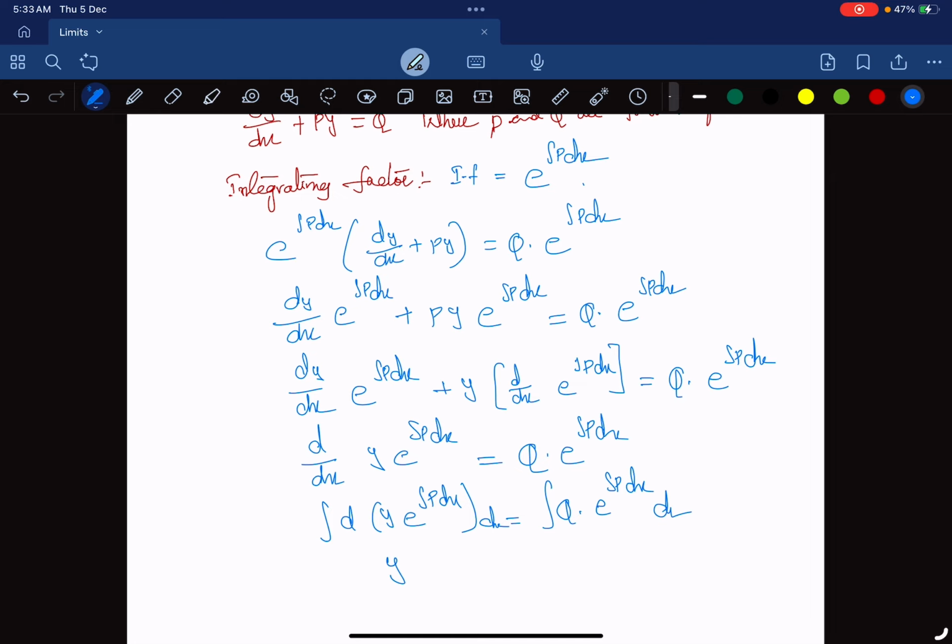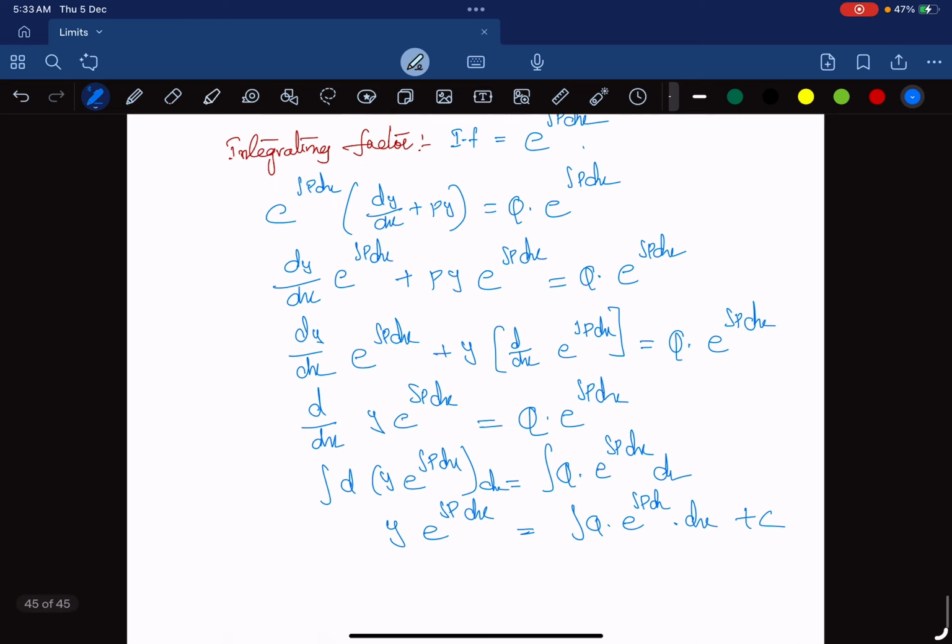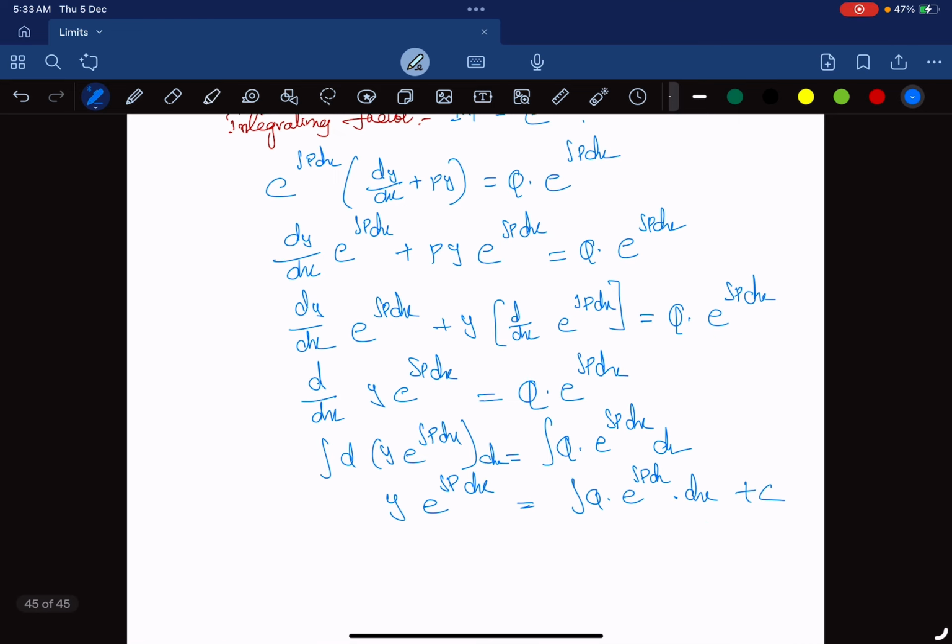So y into e power integral of p dx is equal to the integral of q into e power integral of p dx into dx plus c. This is the general solution of the differential equation.